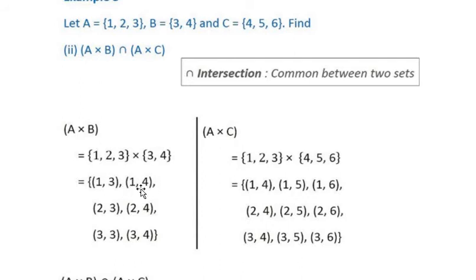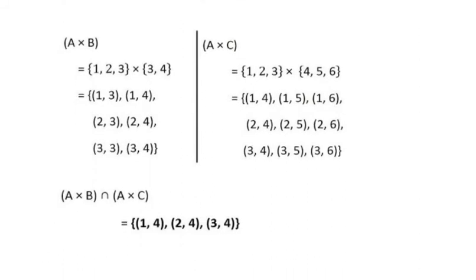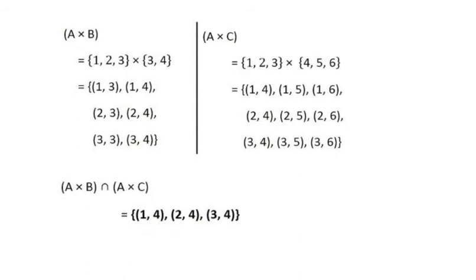Now (1, 4), can we take it? Yes, because here we have (1, 4), here also we have (1, 4). Similarly (2, 4), (2, 4), (3, 4), (3, 4). So when you take the intersection (A cross B) intersection (A cross C), you will have (1, 4), (2, 4) and (3, 4). So 3 ordered pairs will be there.